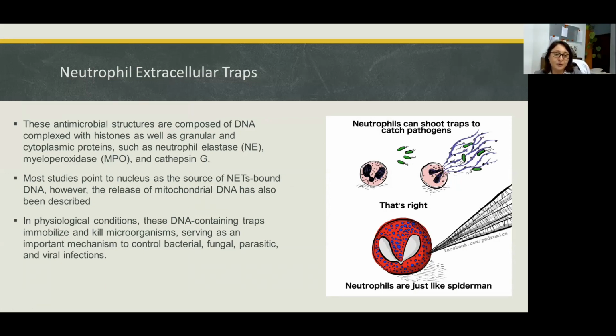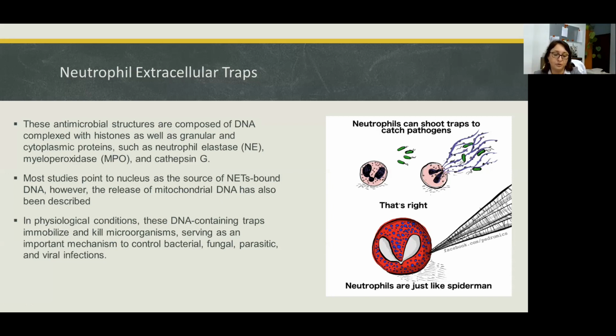These antimicrobial structures are composed of DNA complexed with histones, as well as granular and cytoplasmic proteins, such as neutrophil elastase, myeloperoxidase, and cathepsin G. Actually, we already know over 700 different proteins that are found in the net structures, and their sources are cytoplasm, granules, nucleus, but also the mitochondrion.